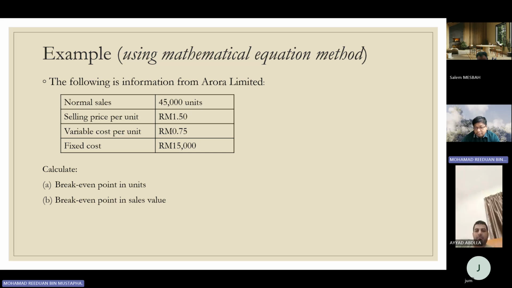At the break even, profit is 0. So we put the equation first: sales revenue equals total variable cost plus fixed cost.